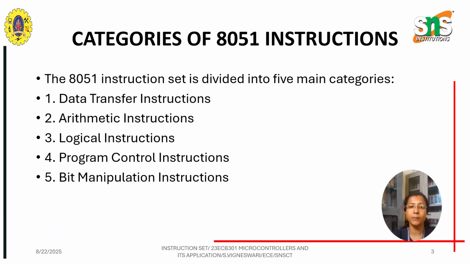And then comes the program control instruction, which handles interruption and program branching, or controls the sequence of the program. And the bit manipulation instruction is combined together with the logical instruction for bitwise operations. So let us see each category with an example.